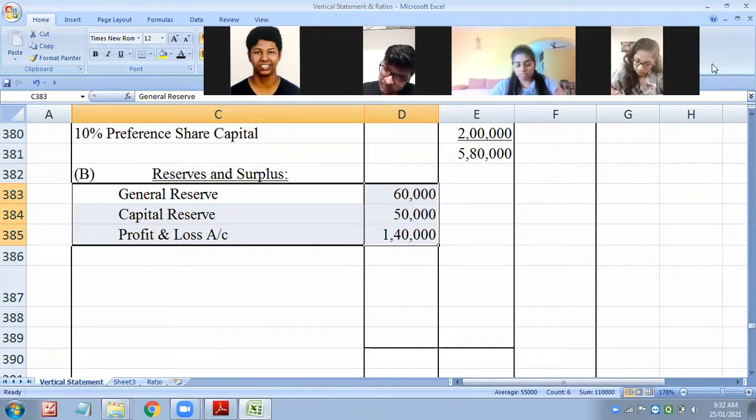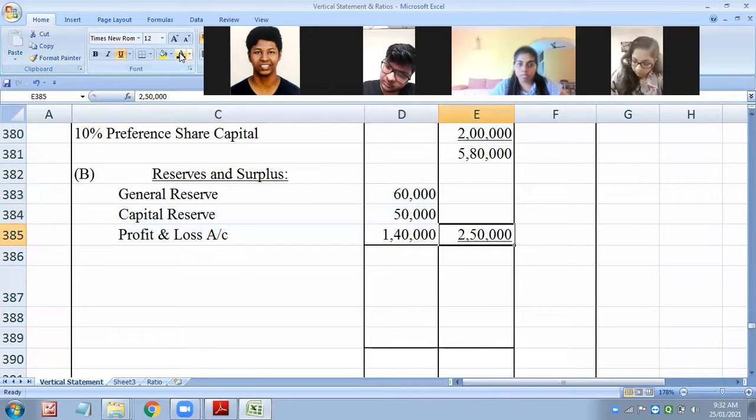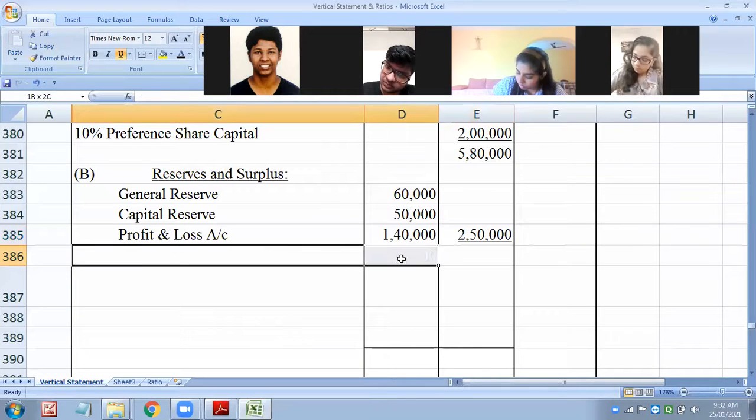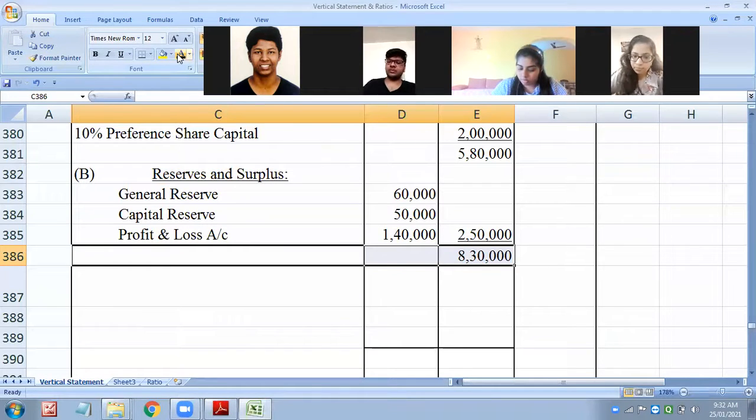Parth, Anurag, Nistha, Carol, very good. So the total of this is 2,50,000. So the subtotal is 8,30,000. Yes or no?